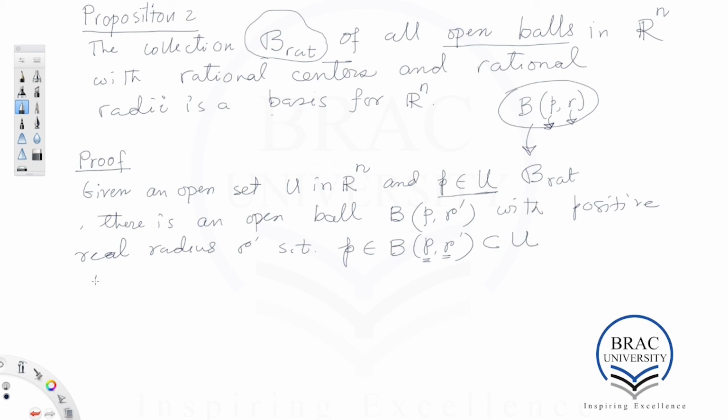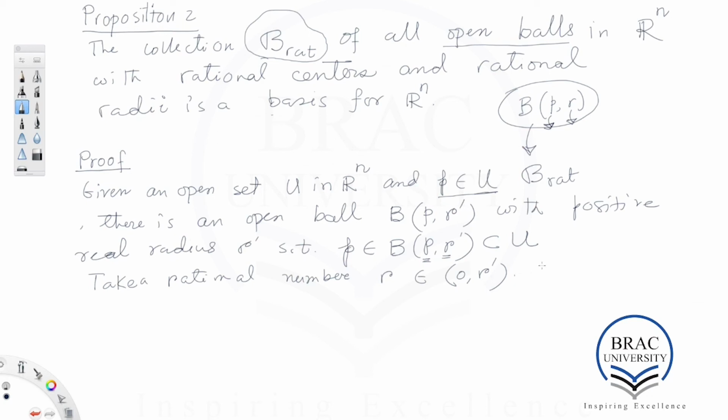Now take a rational number R in (0, R prime). You can always do that by an elementary result from real analysis.